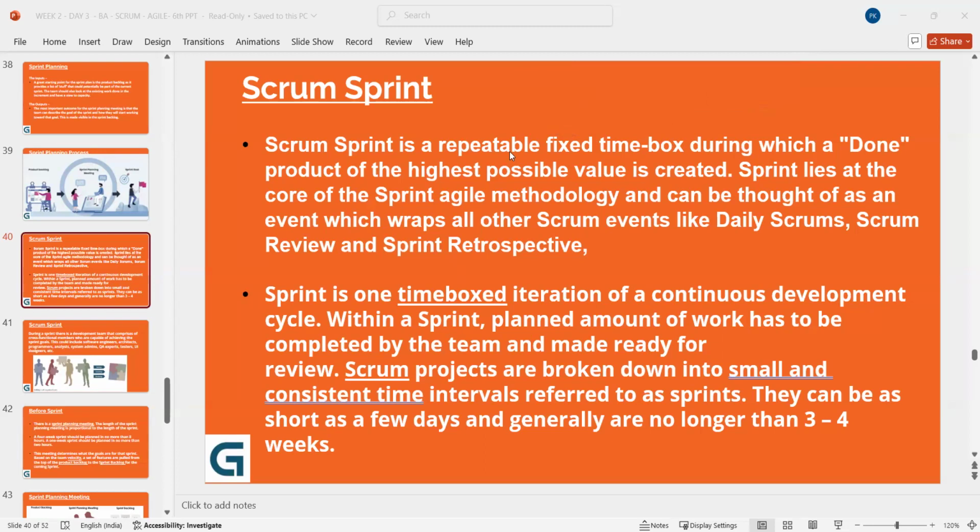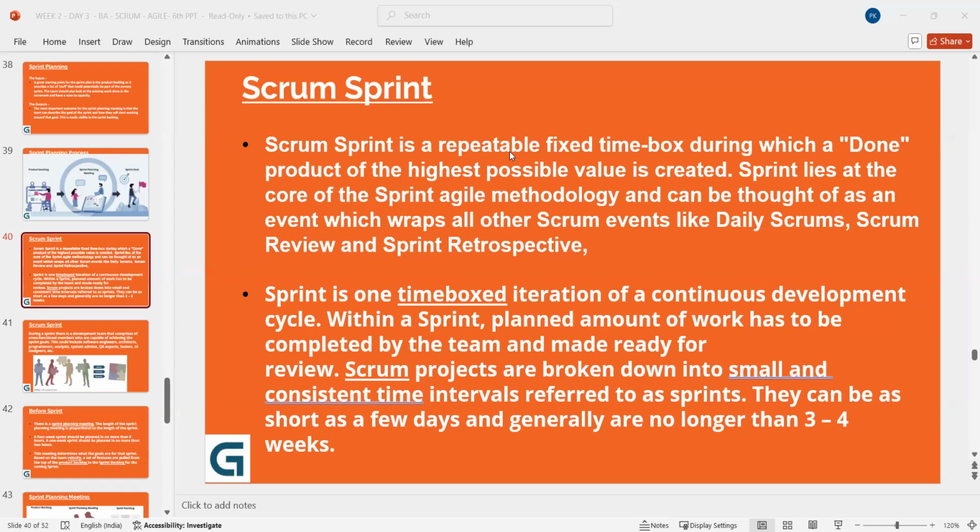That means it is going to keep coming one after another. And the most important part is it's a fixed time box. Fixed, everybody understand? I don't think I need to explain. Fixed means it's confirmed. And time box, in simple English, means duration.